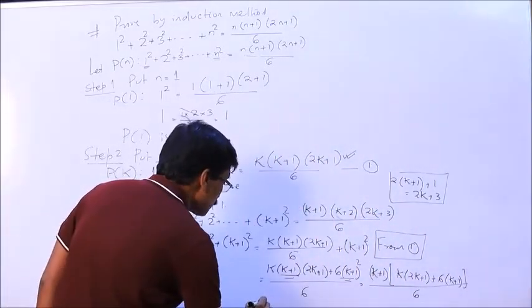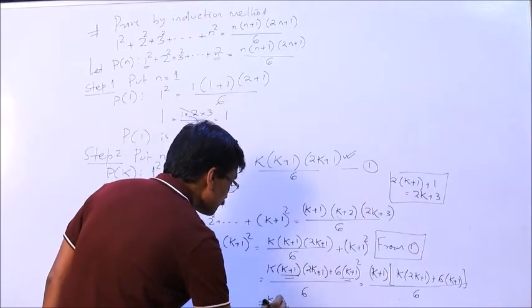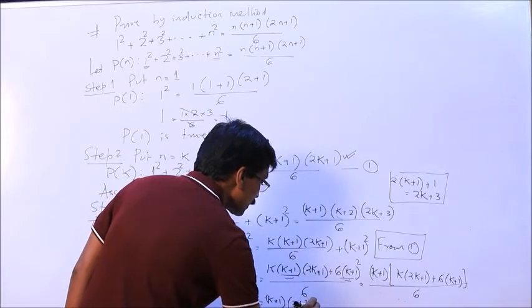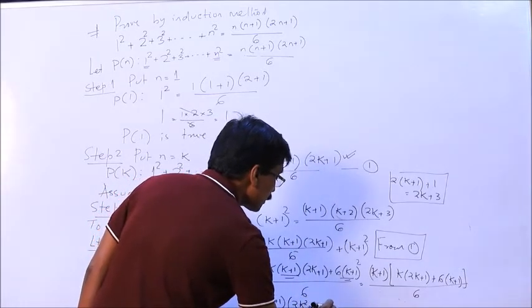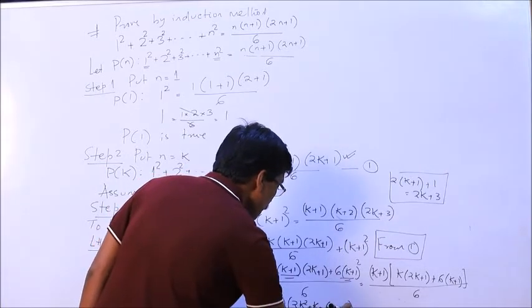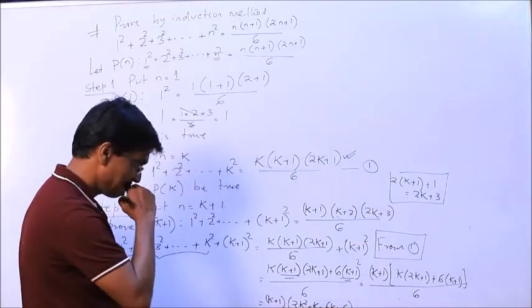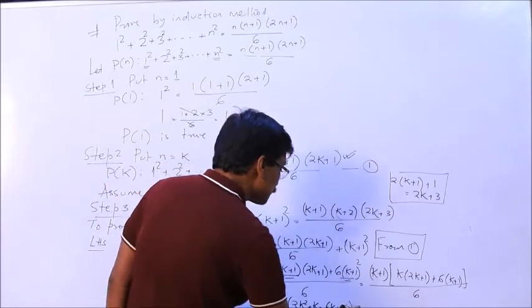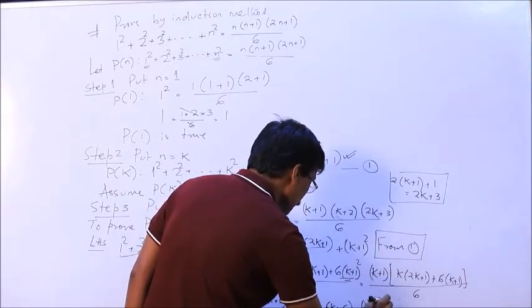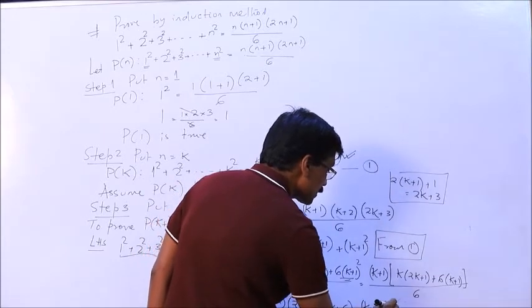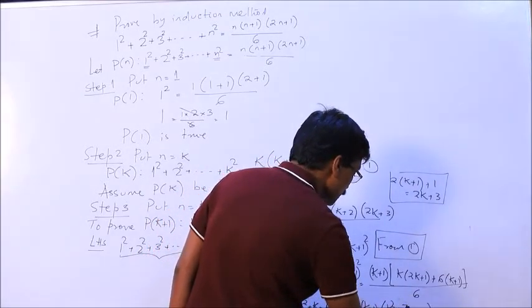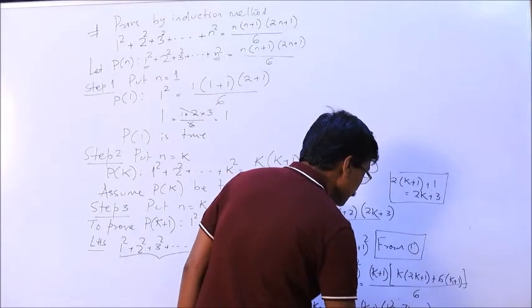So, that is equal to (k+1) into (2k square plus k plus 6k plus 6) divided by 6. So, that is (k+1) into (2k square plus 7k plus 6) divided by 6.